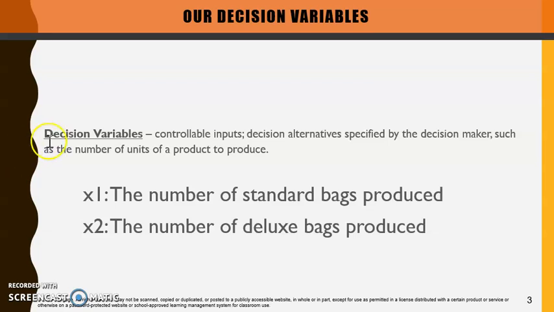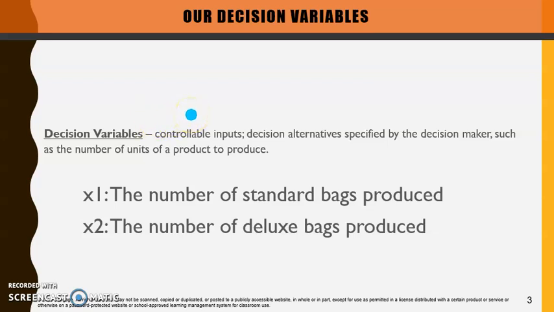Here, I have brought again for you the definition of decision variables: controllable inputs, decision alternatives specified by the decision maker, such as the number of units of a product to produce. So, as you can see, first of all, it is controllable. It is something that you can control.